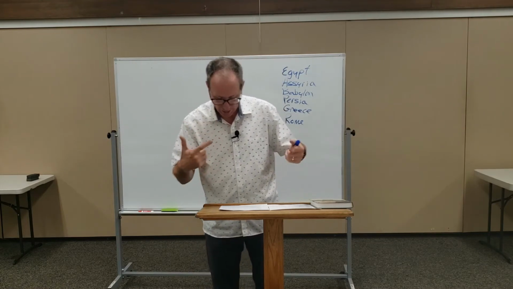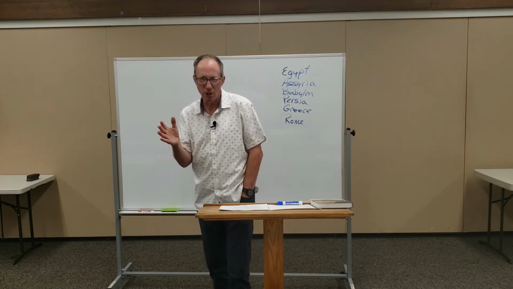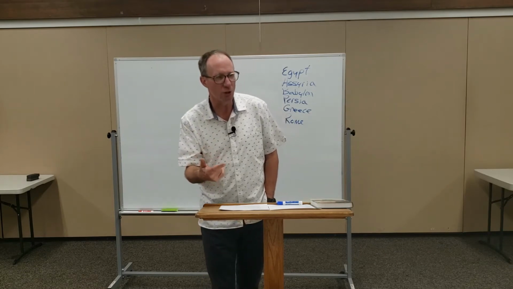It's transactional rather than relational. Covenants are relational. There's a relationship with people that forms a covenant. We kind of speak of conditional and unconditional covenants, but covenants by nature are not intended to be conditional, in the sense that the covenant says, I will.